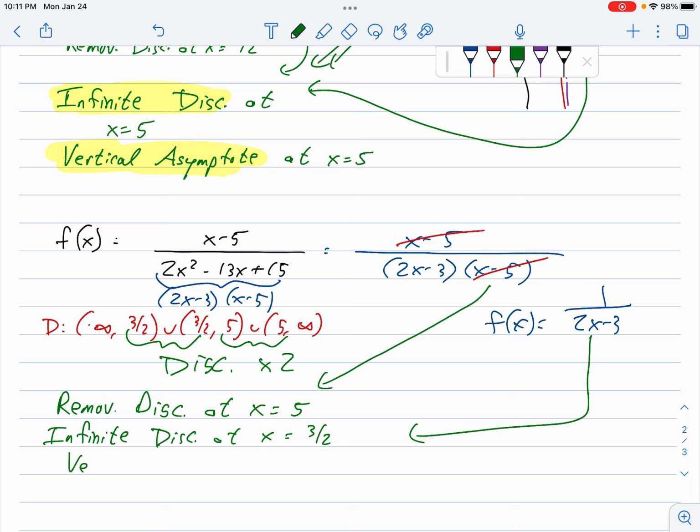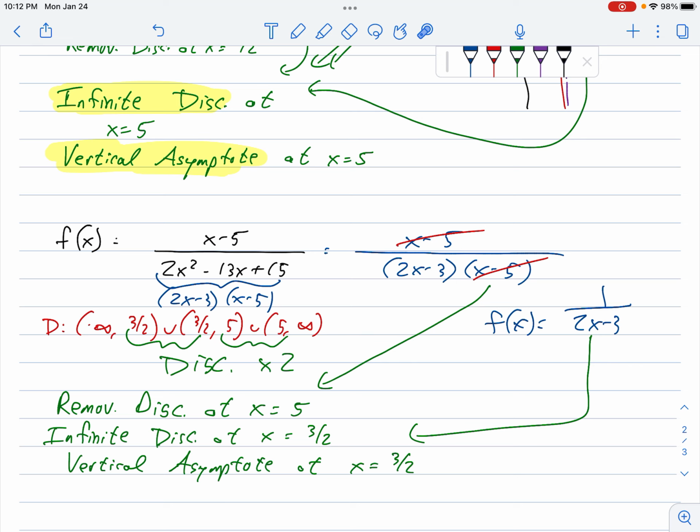An infinite discontinuity is the same thing as a vertical asymptote. So we will always write both 3 over 2. An infinite discontinuity is a vertical asymptote. They are the same. So I'm just writing it twice.